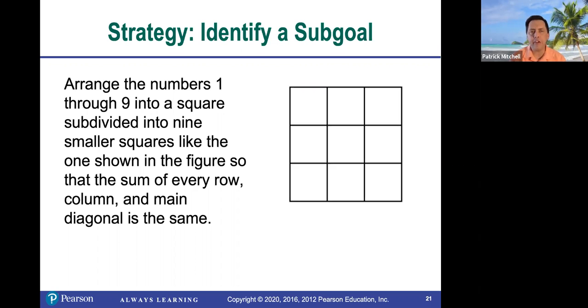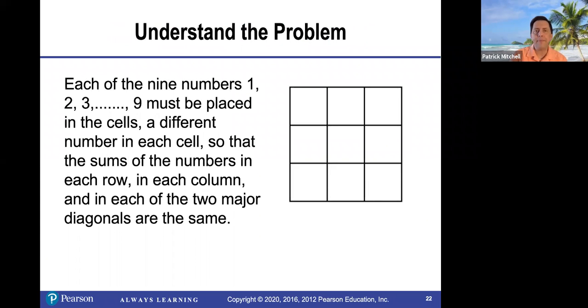This is called a magic square. And the problem is to arrange the numbers 1 through 9 into this square, which is subdivided into 9 smaller squares, so that the sum of every row, column, and the main diagonal are all the same. Okay.